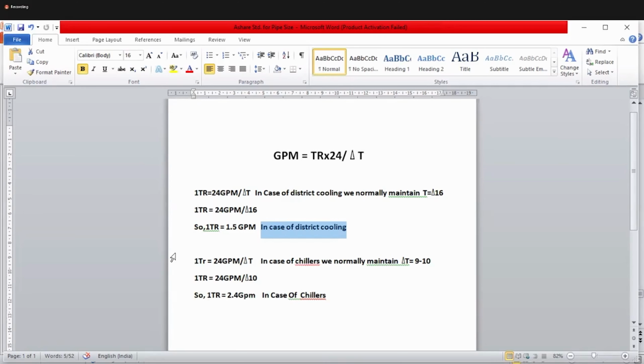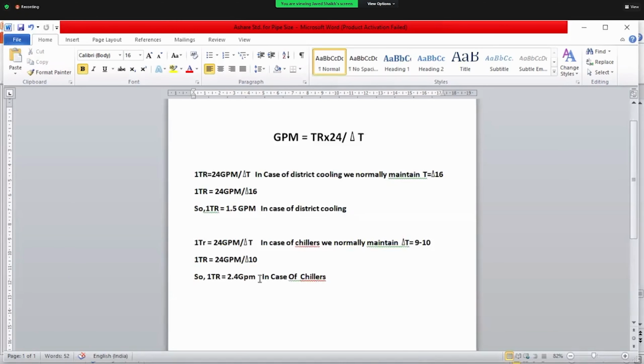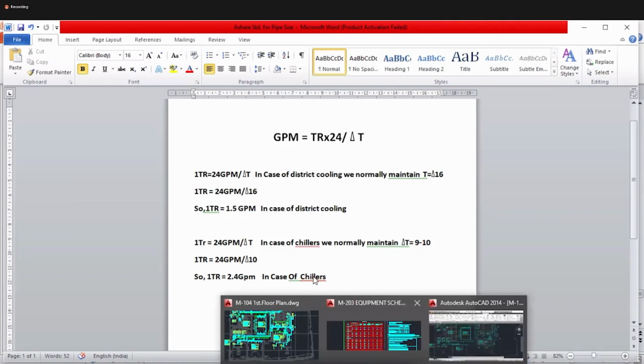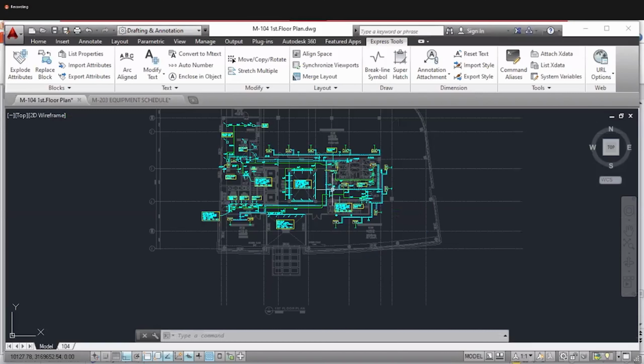That is what we call district cooling. In case of a chiller, we use dedicated chillers for a particular building, so it supplies only one building. Our project is for district cooling.